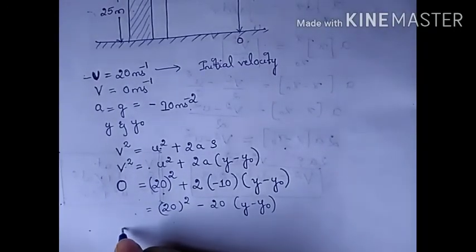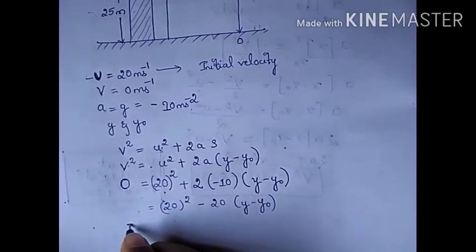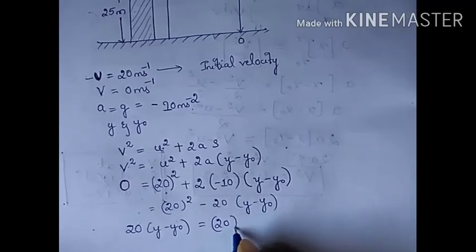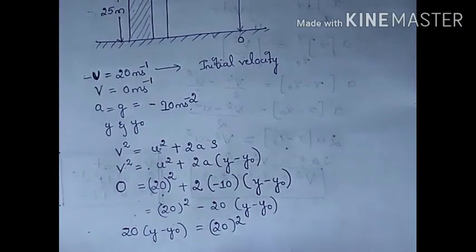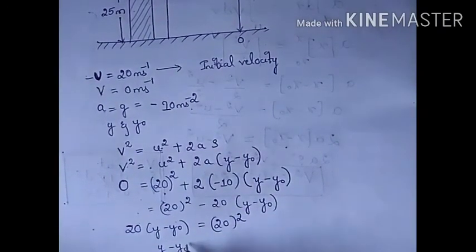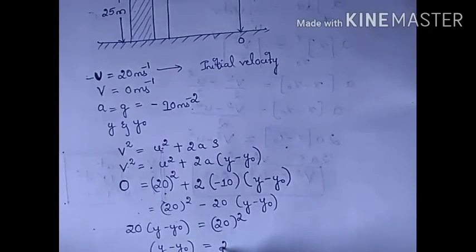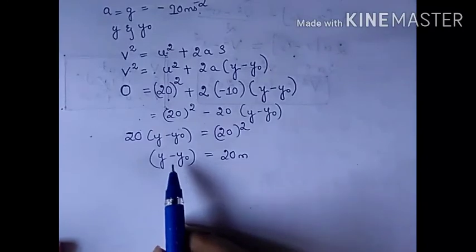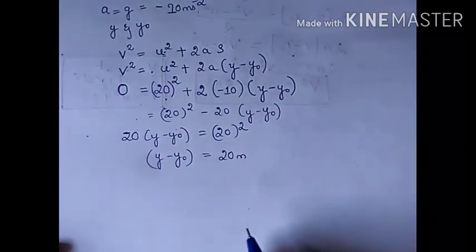Bringing this 20 to the left hand side, 20 times y minus y naught is equal to 20 square. So y minus y naught will be 20 meters.